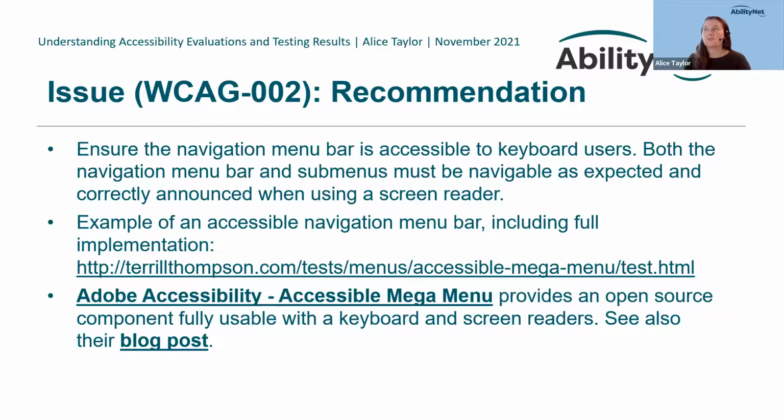So here we've said what we're expecting, which is to ensure the navigation menu bar is accessible to keyboard users. Both the navigation menu bar and submenus must be navigable as expected and correctly announced when using a screen reader. And then we've provided some resources, so this is what we would expect it to work like, and some resources the developer could use to fix that problem.